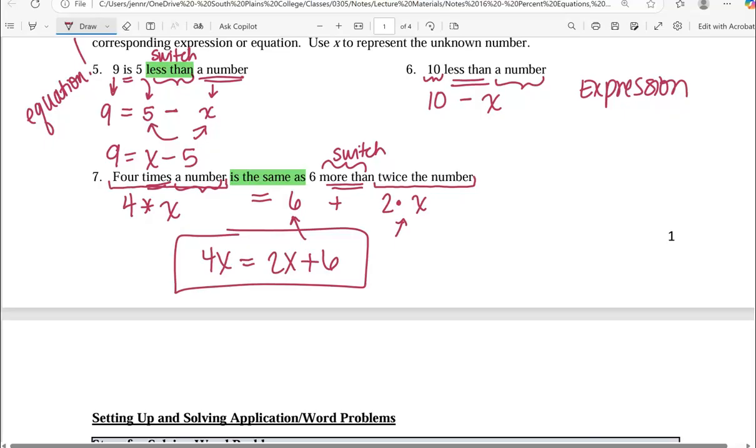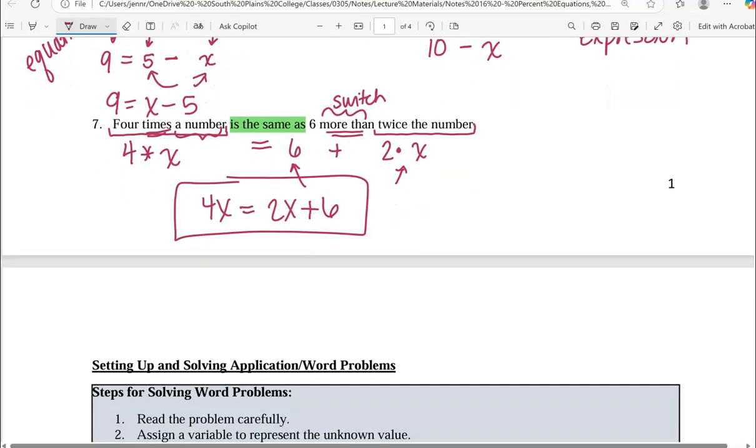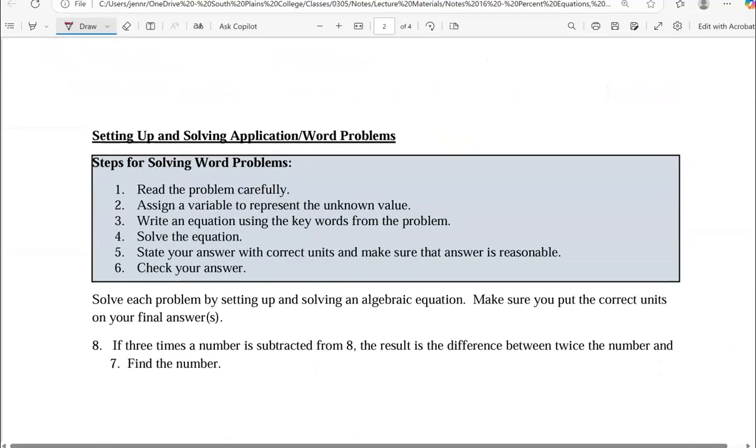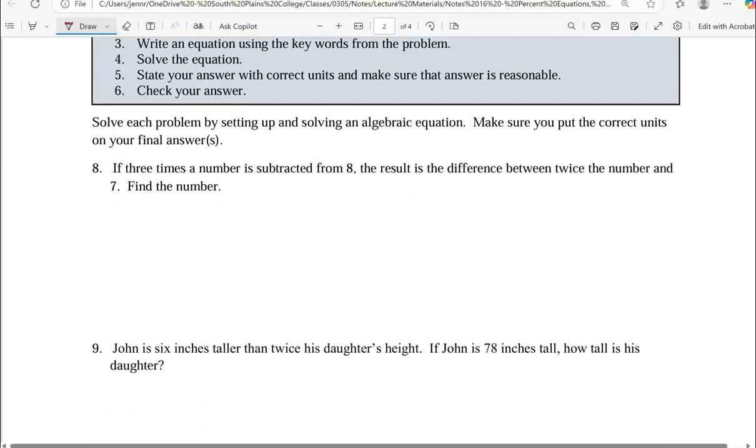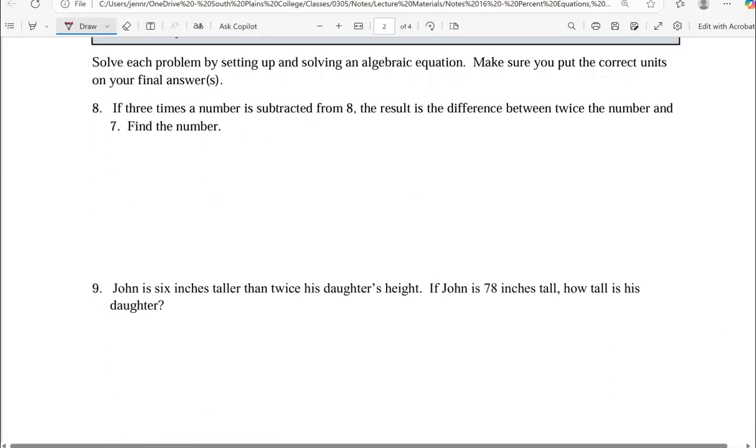Anytime we have these equations, I could take it a step further and solve if they ask me to. Now that we've practiced this setup, we're going to use it in the context of our word problems. So number 8. If 3 times a number is subtracted from 8, the result is the difference between twice the number and 7. Find the number.